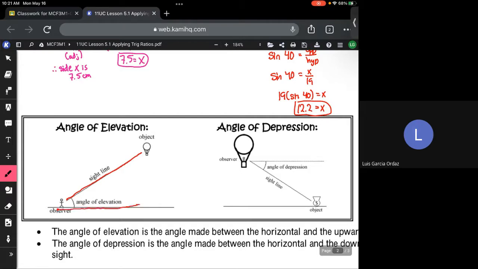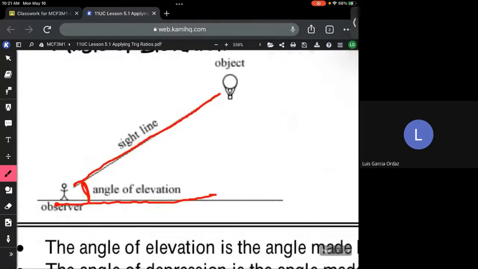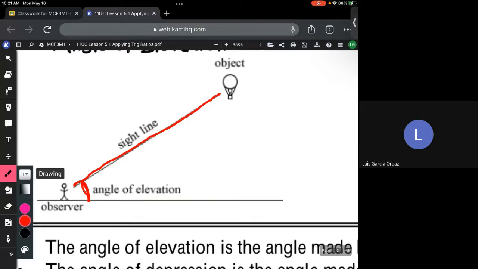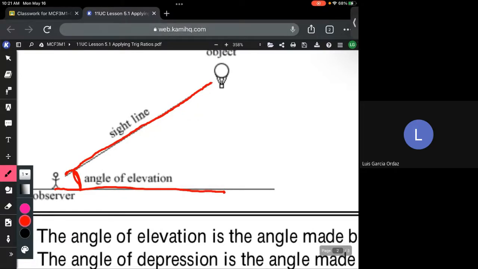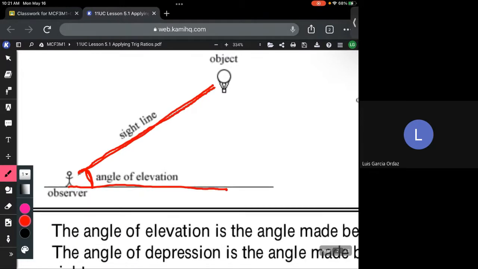So this over here is your angle of elevation. So this is going to be your hypotenuse, and this is going to be the base of the triangle.